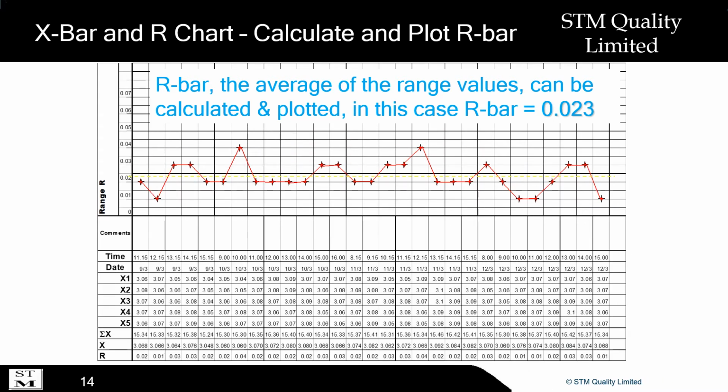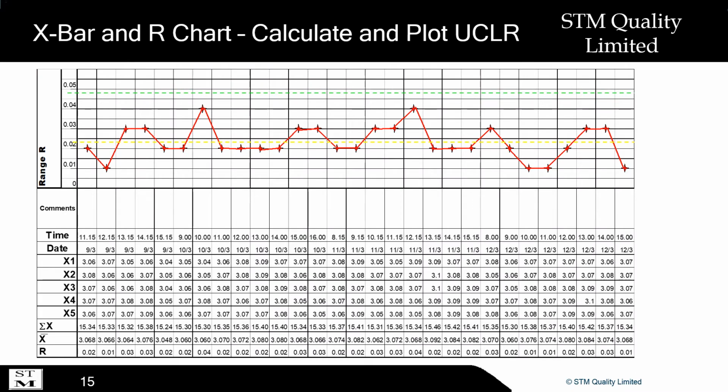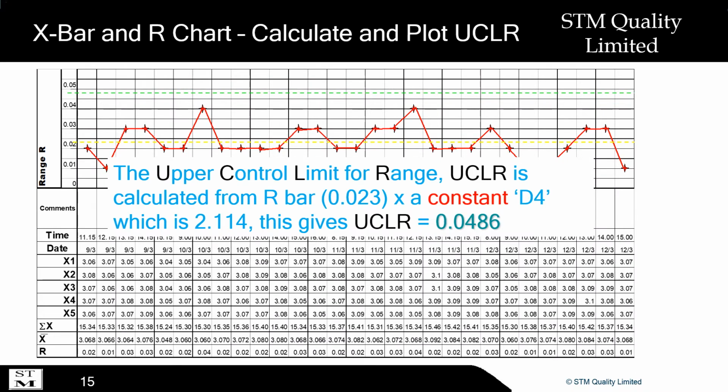In this case, R bar equals 0.023. The upper control limit for range, UCLR, is calculated from R bar, which we know as 0.023, times another constant, D4, which is 2.114.